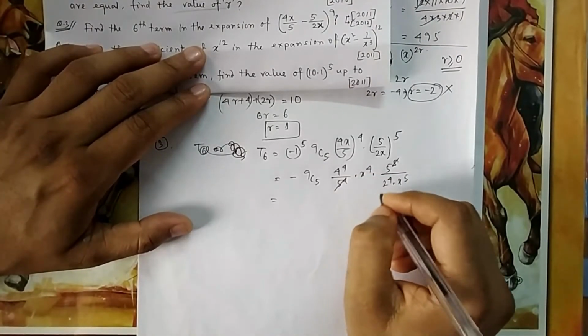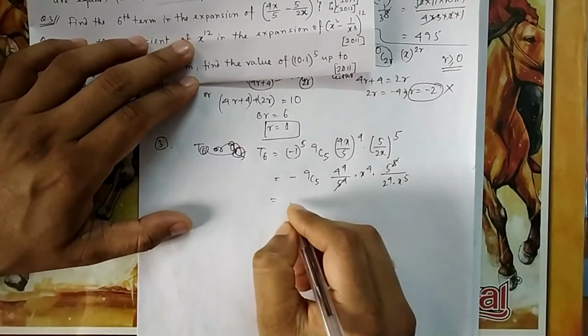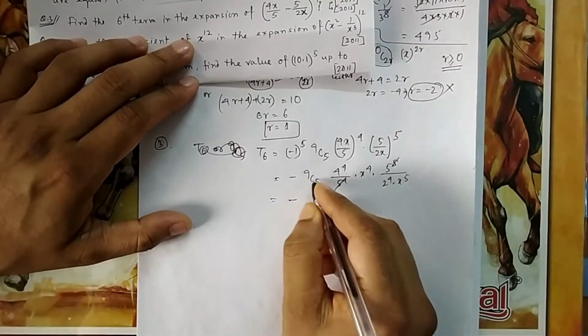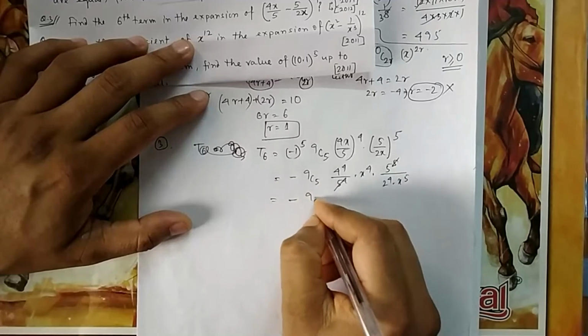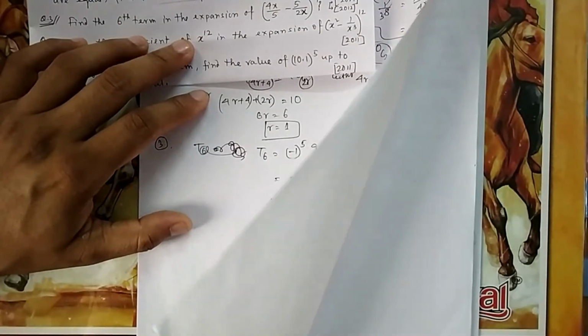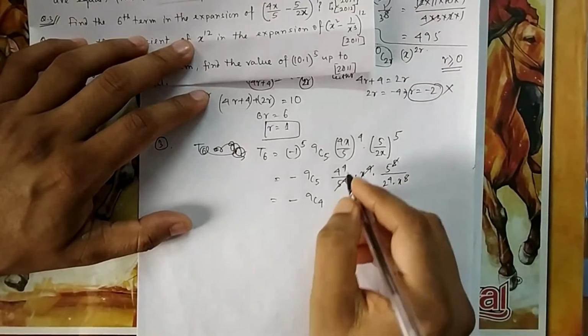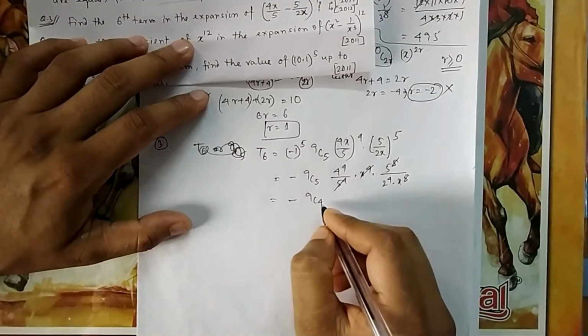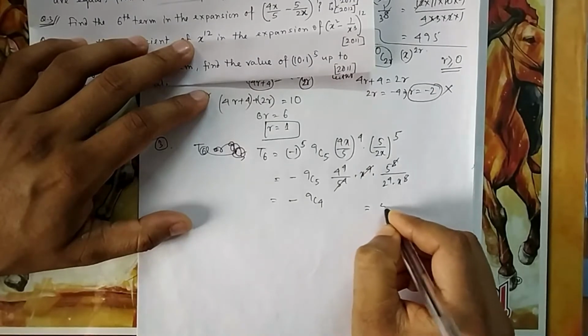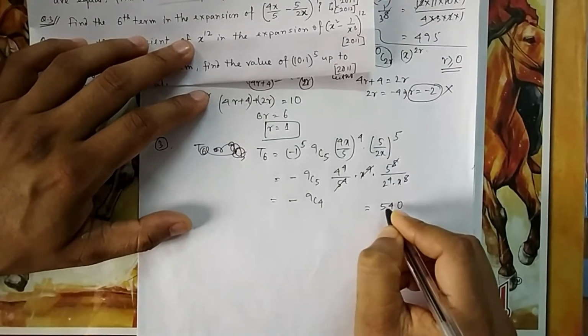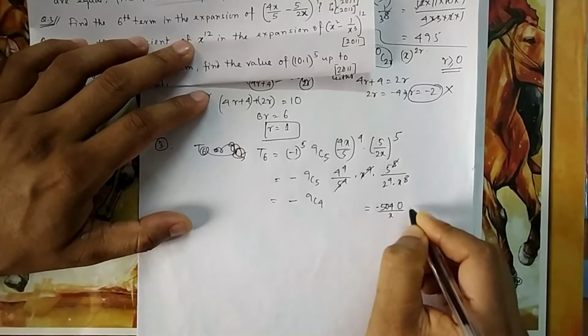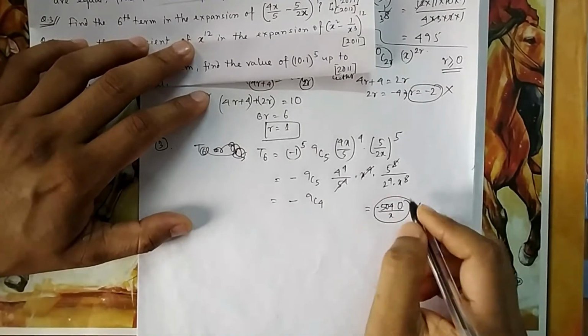If you solve this, I am writing the final answer. You can find 9C5 with a calculator, or you can do 9C4 also. And x is also gone, 1/x will be left, and if you calculate all these things, the final answer will be minus 5040 by x.